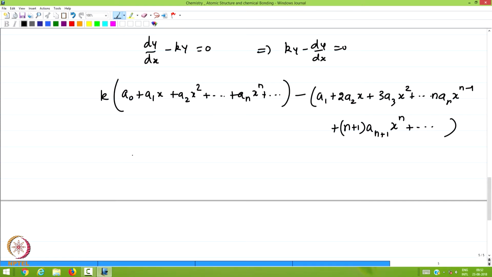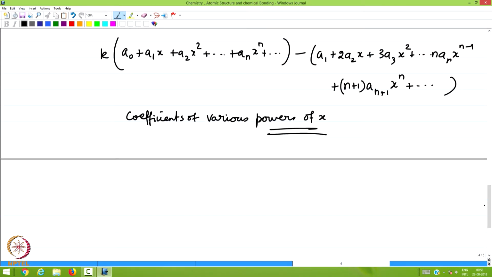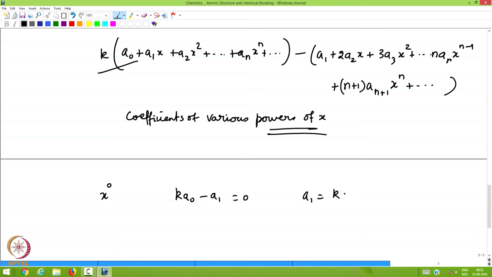So, the general term, if we arrange them in the order of coefficients of various powers of x, x raised to 0, that is the constant. If you look at the constant, it is k a naught, and then minus a 1 is equal to 0, or a 1 is equal to k a naught. What is the next term that you see?